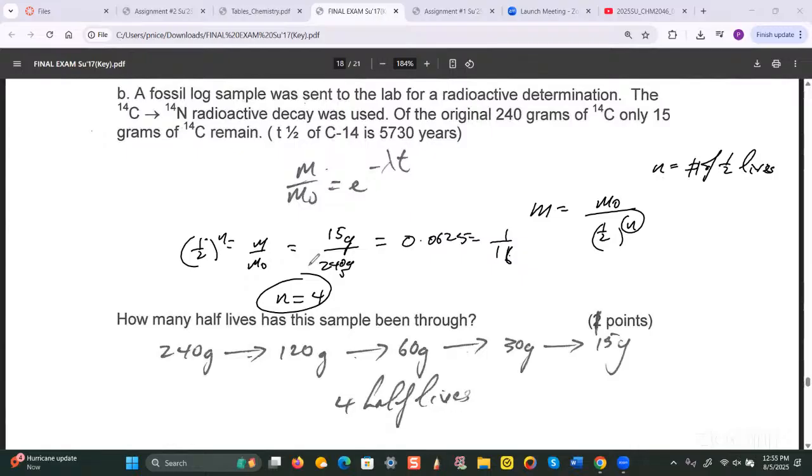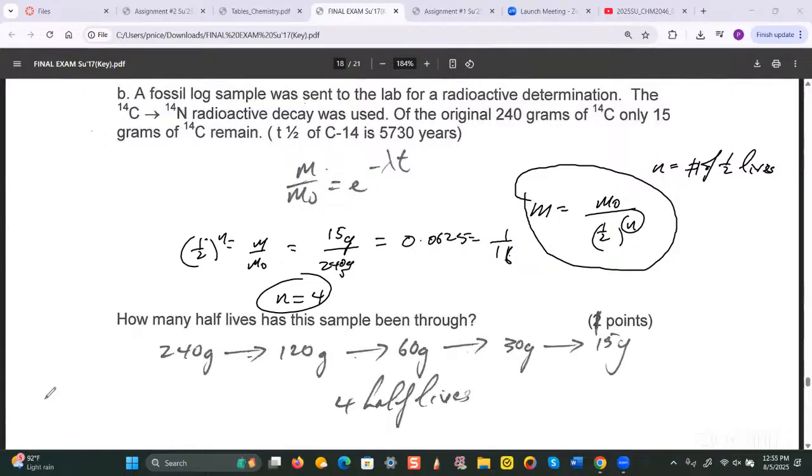So the number of half-lives will be 4 as you go from 240 grams originally to only 15 grams, all right? Okay, any questions about this? Like I said, I don't think I gave you this formula, but you can use this formula in those type of calculations, all right?